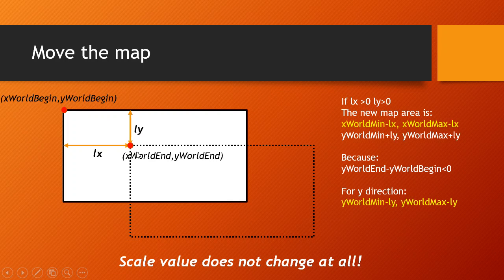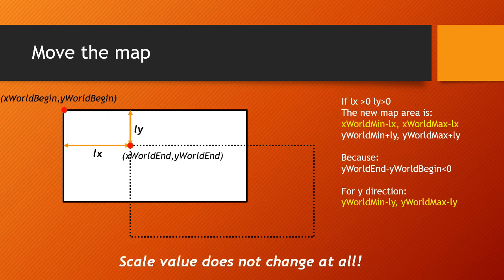This rectangle is the map area we displayed on the map, and this area is the new map area we displayed on the map.